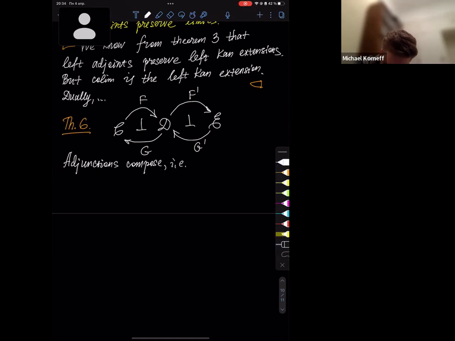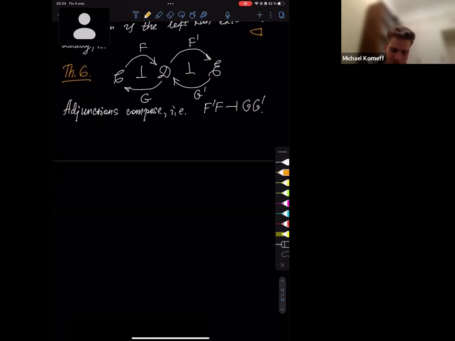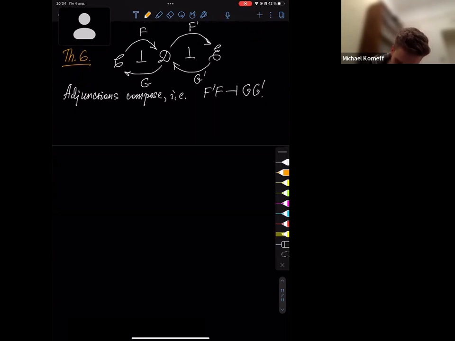That is, we have an adjunction between F prime F and G prime G. Now we can prove this statement by means of our technique of Kan extensions.